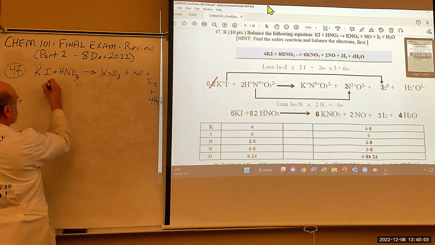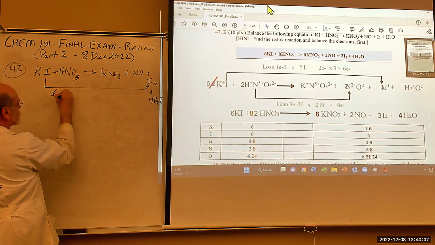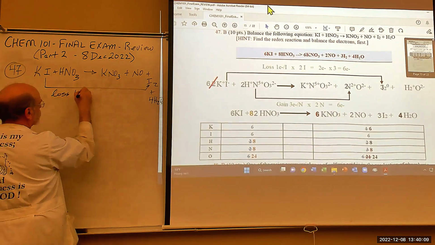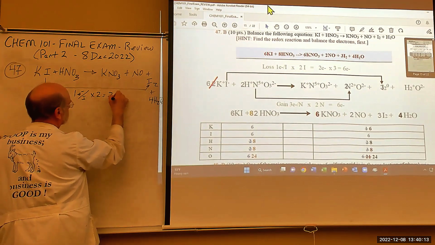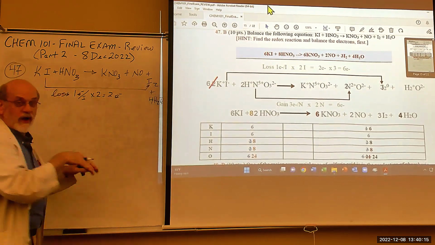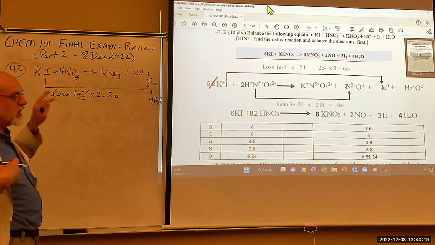So you go from here to here, and it's a loss of 1 electron per iodine times 2 equals 2 electrons, for the way it is right now. So if you have an oxidation, you know you have to have a reduction.